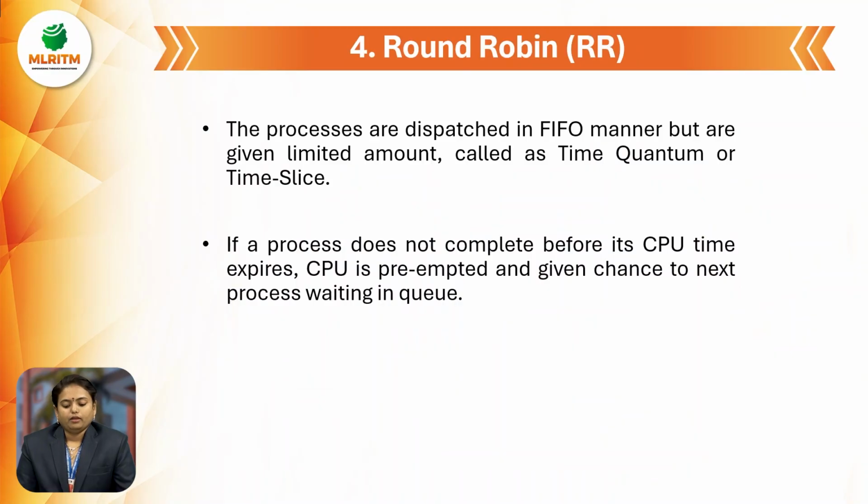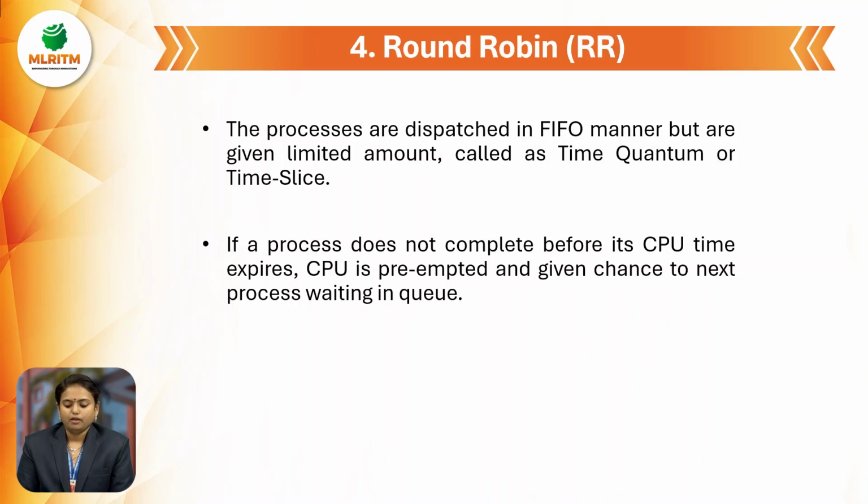Next algorithm is the round robin scheduling algorithm. The processes are dispatched in FIFO manner, first in, first out, but are given a limited amount of time called a time quantum or time slice. That means for every process, the CPU will give some time slice.